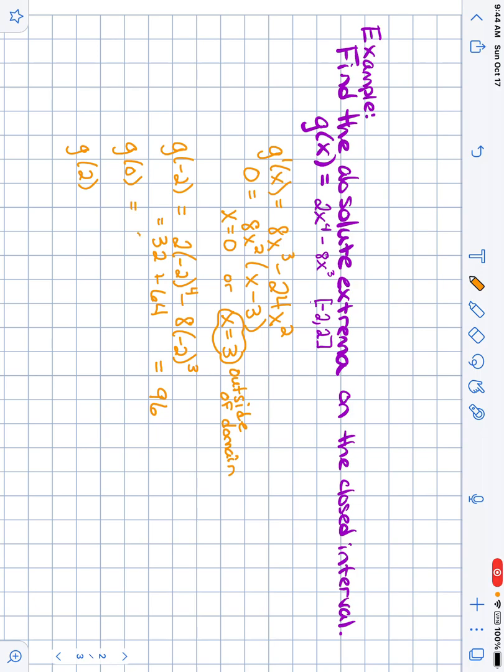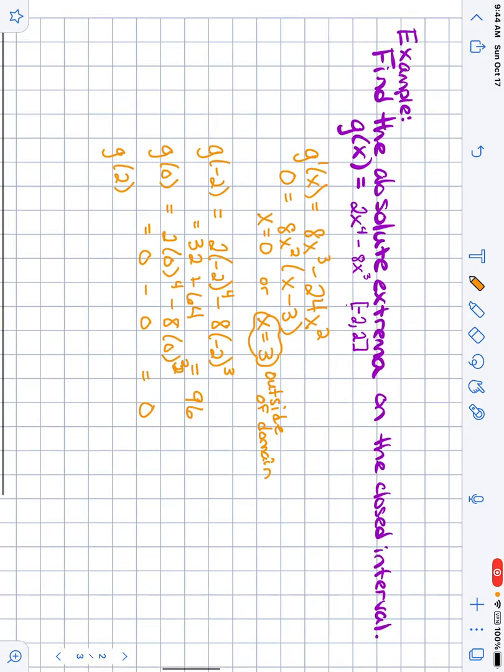Let's plug in 0. 0 to the 4th minus 8 times 0 squared. Sorry, 0 cubed. I was looking at the derivative. This is 0 minus 0, so we have a y value of 0. 0 is definitely less than 96, so potentially right now that 0 is the absolute minimum.